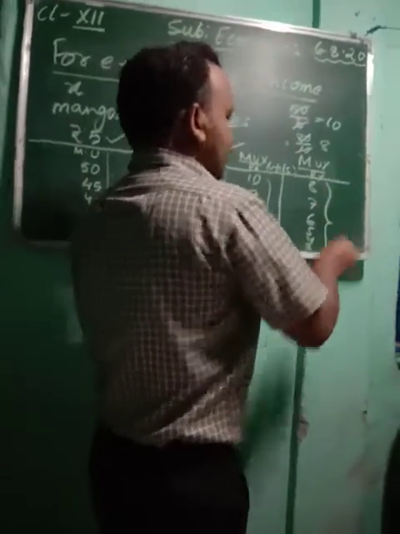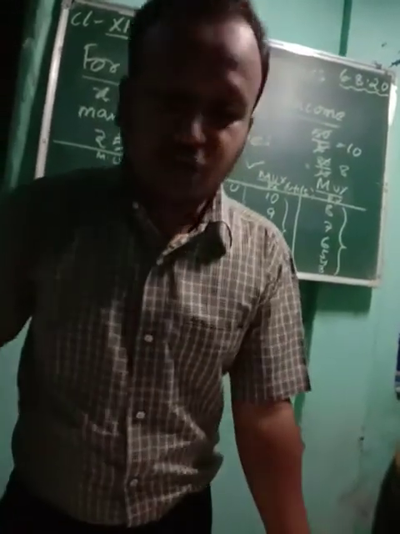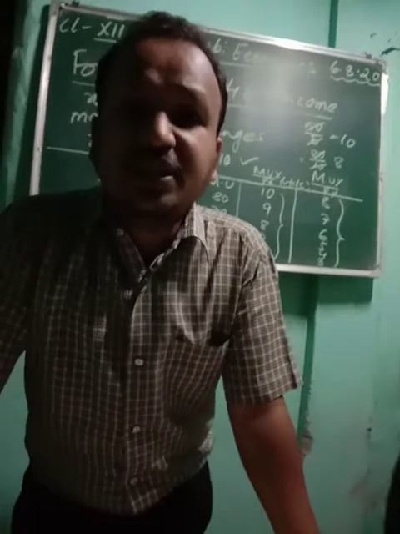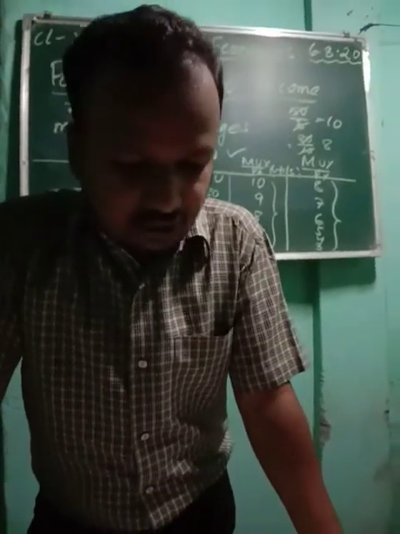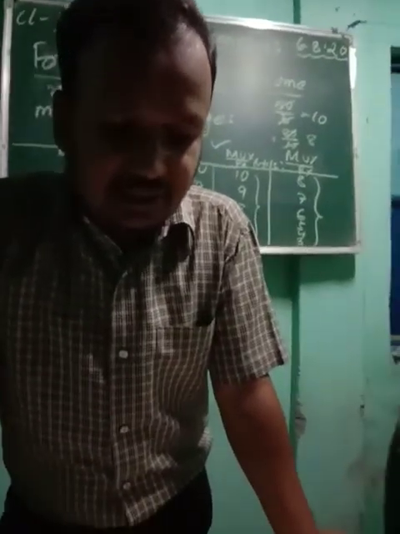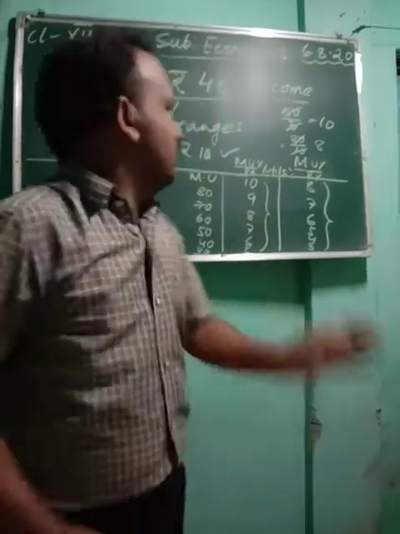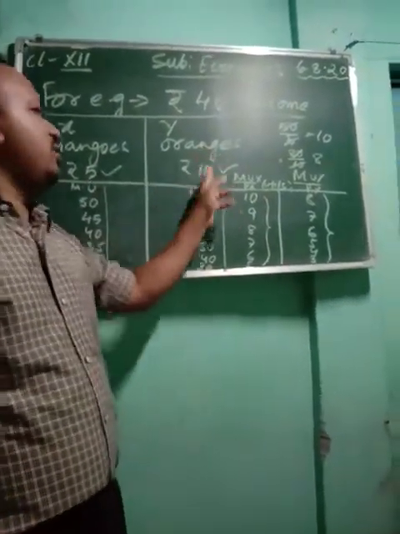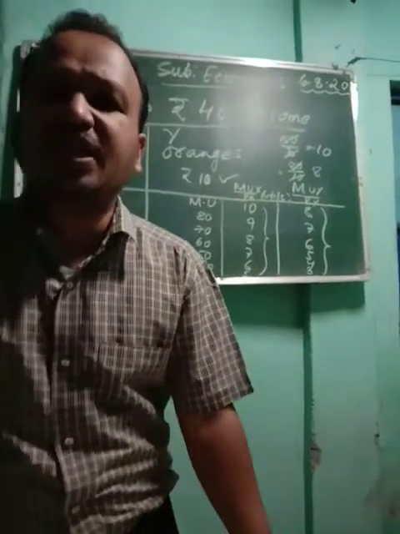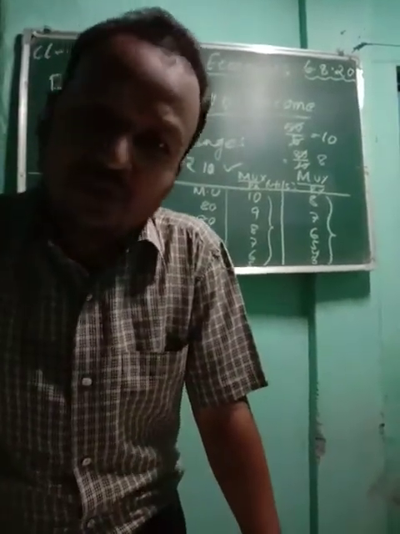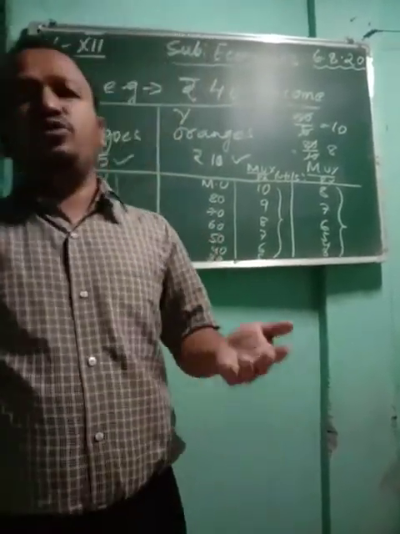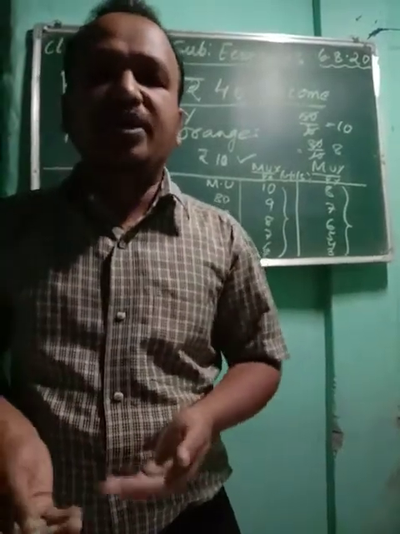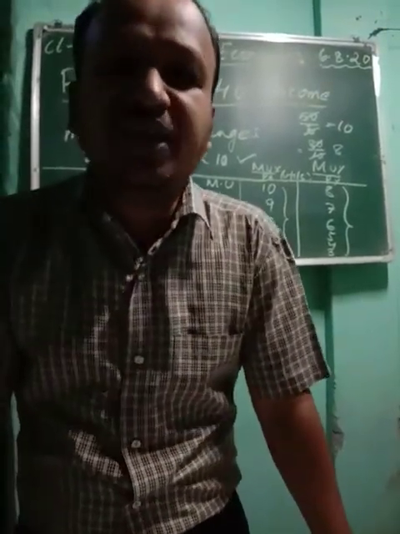That means marginal utility always decreases. This is the calculation of the utility of X, that is mango, and the utility of oranges. With continuous use of any commodity, your marginal utility always diminishes.